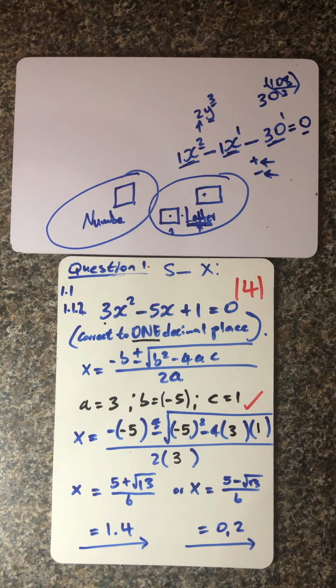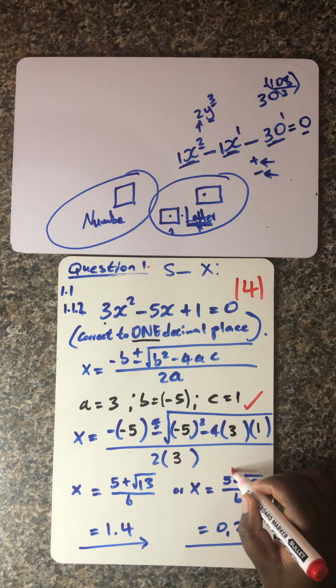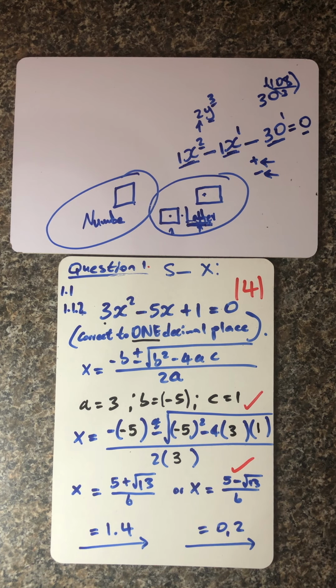Okay, and again, they give you a mark for that step, because you obviously substituted and you simplified. Okay, so they also give you a mark for your final answers. So in a marking center, ladies and gentlemen, this is how they give you your marks. Okay, very, very important, ladies and gentlemen.